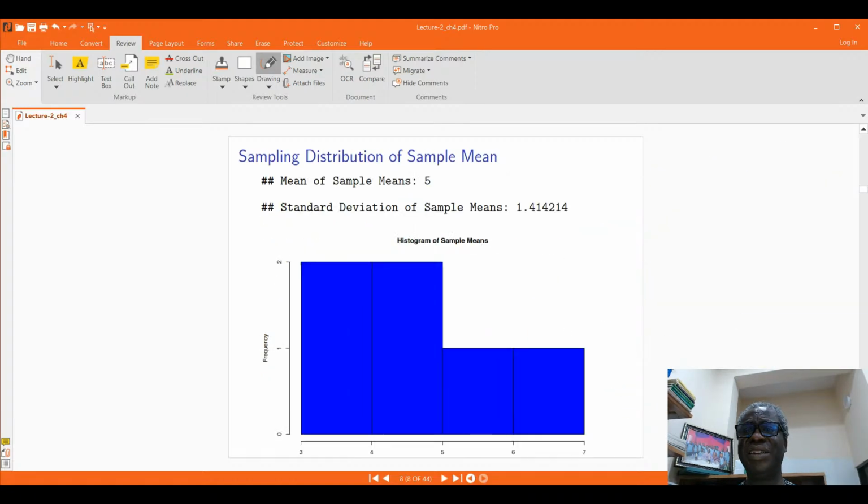So you can easily try that and you will get this result.